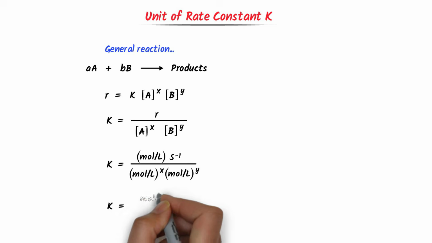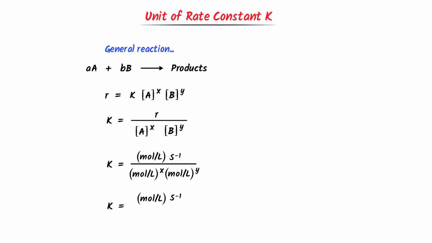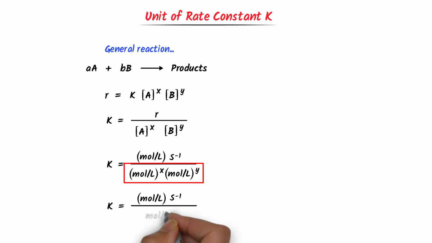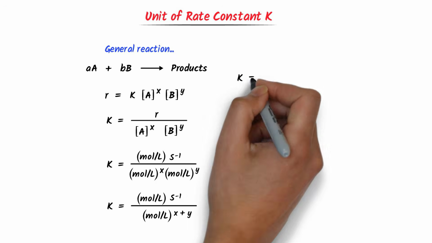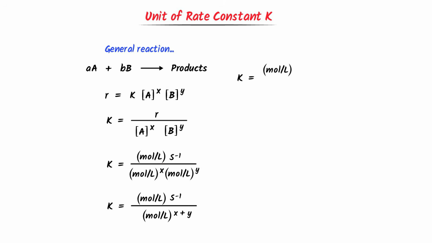I write mole per liter per second upon mole per liter, where the bases are the same, so the powers x and y are added. I write mole per liter, the power is x plus y. I write k equals mole per liter, the power is 1 minus n, per second.